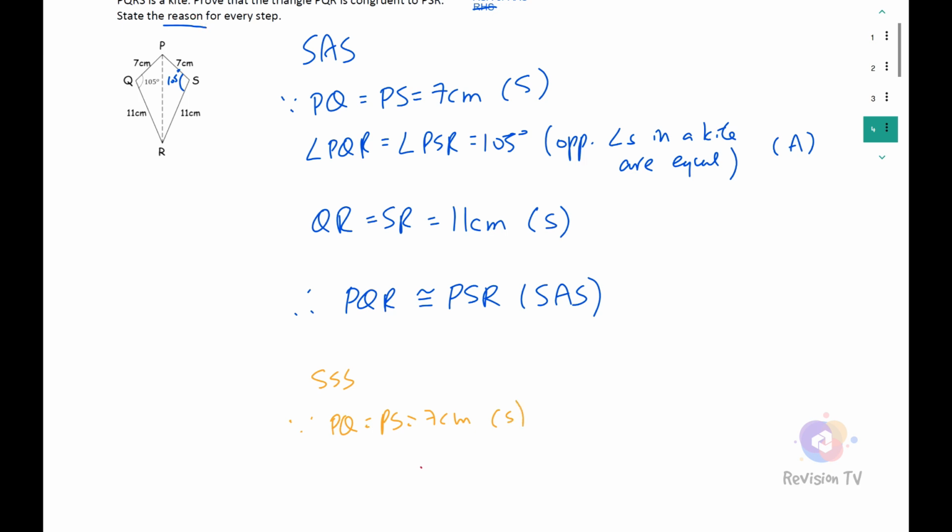That's your S. QR equals SR equals 11 centimeters. So that's your side. These two you don't need explanation for because they're given. But the last one, you have to say PR equals PR because this is shared. The length is shared. Therefore, PQR is congruent to PSR, SSS.